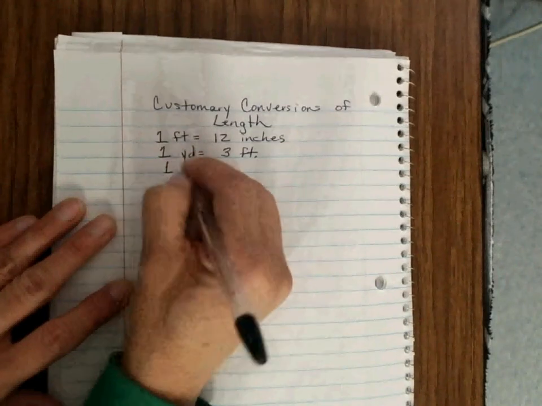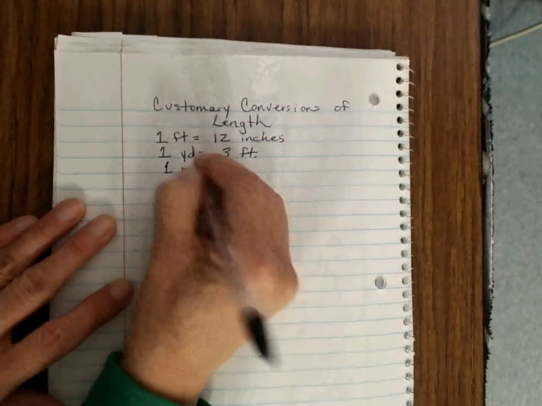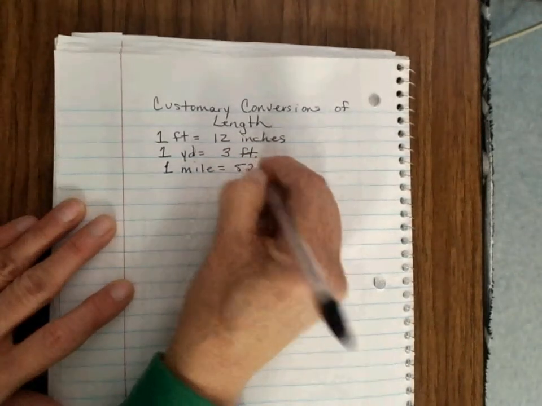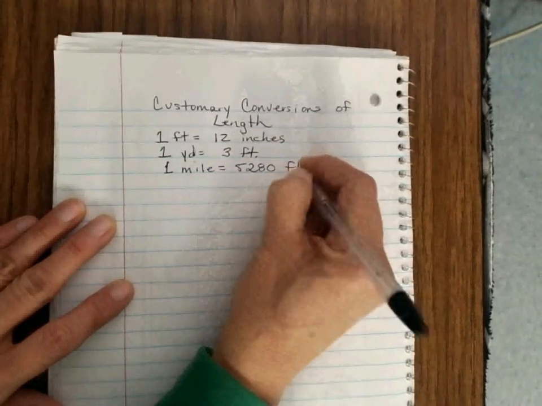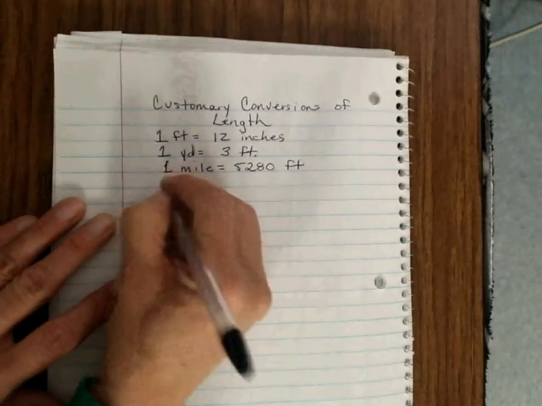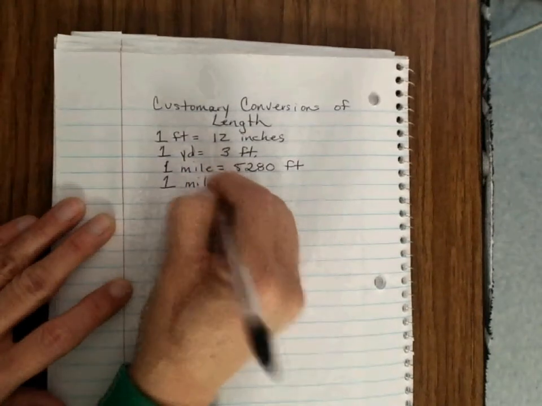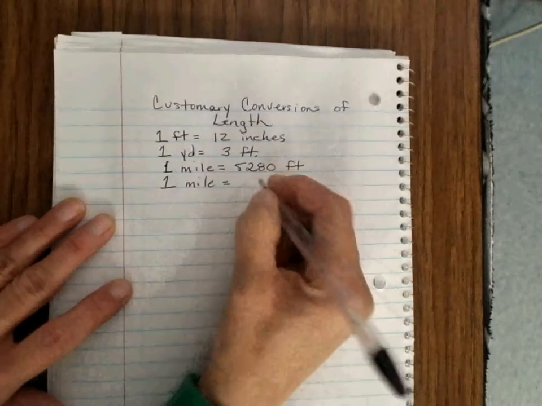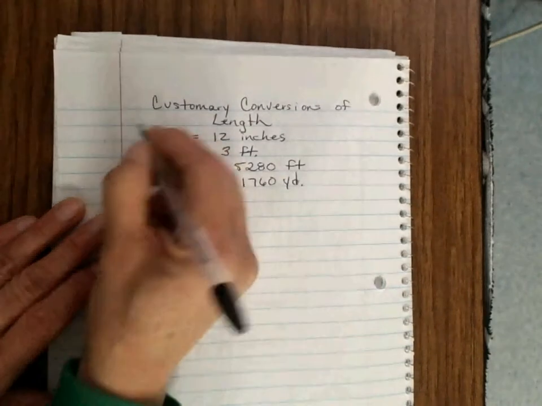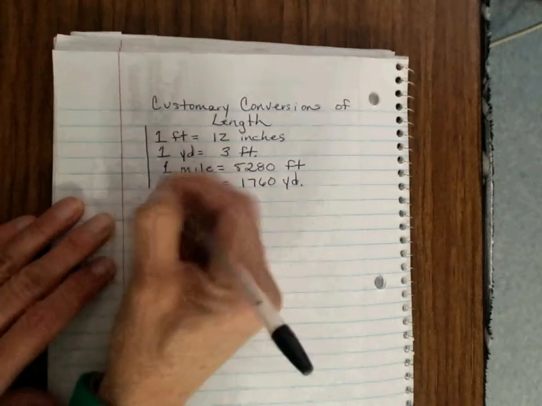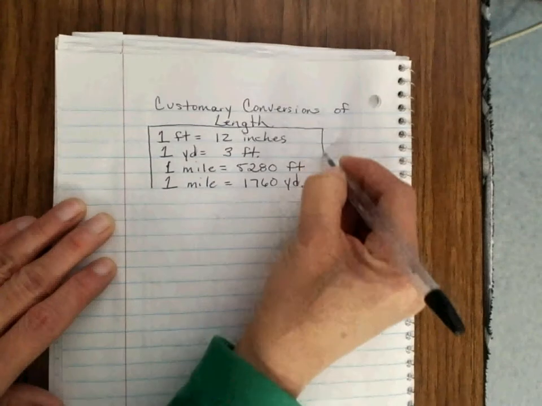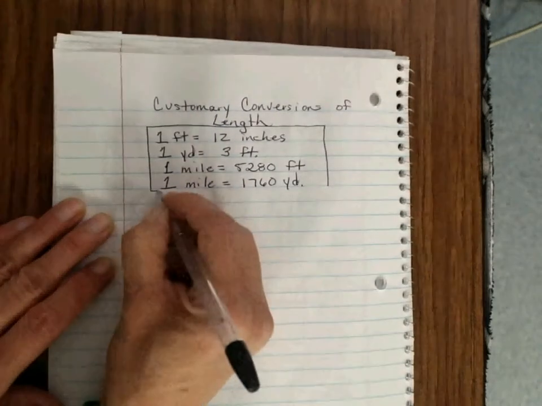One mile equals 5,280 feet. One mile also equals 1,760 yards. Okay, this right here is the very important stuff you need to know in doing customary conversions of length.